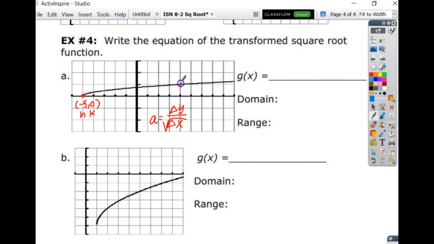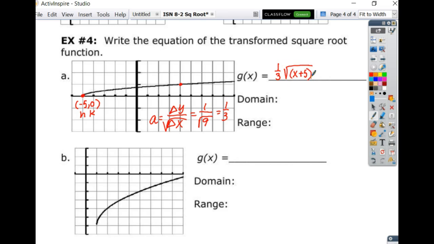On yours, is it right there? Okay. So how many did I go up? 1. How many did I go over? 9. What's the square root of 9? So my A value is 1/3. And that goes in front, the square root of x plus 5.